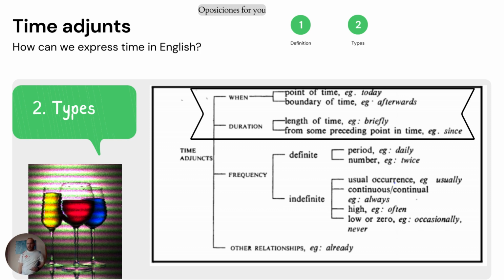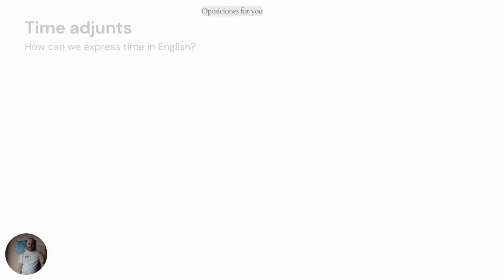Let's move on to number 3, time frequency adjuncts. They are used to convey information about how often an event or action occurs. Most time frequency adjuncts can serve as a response to a how often question.